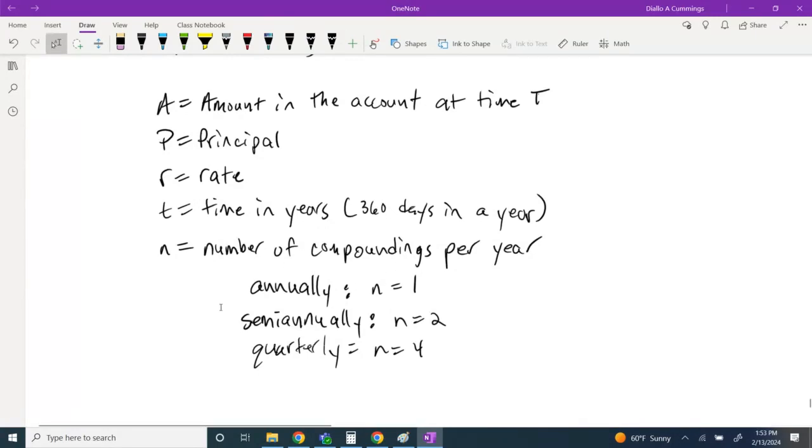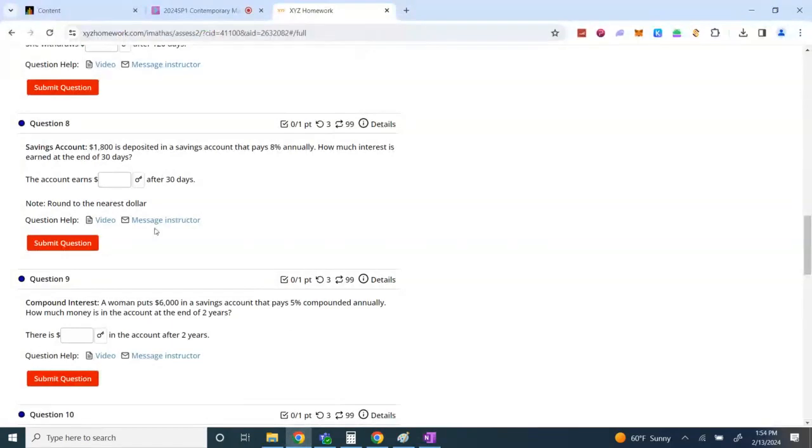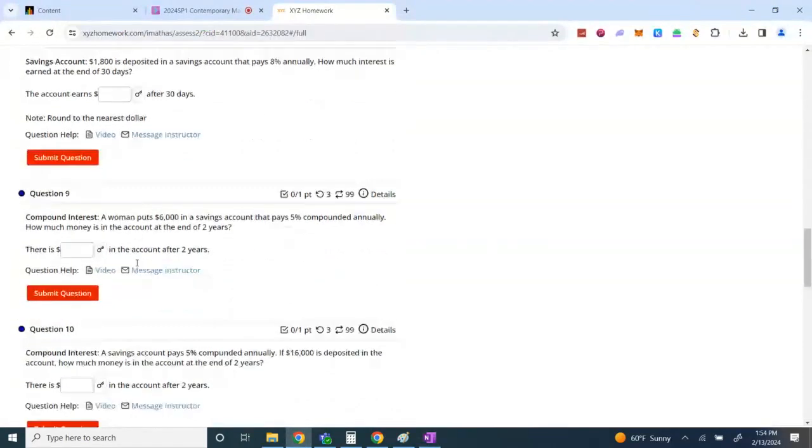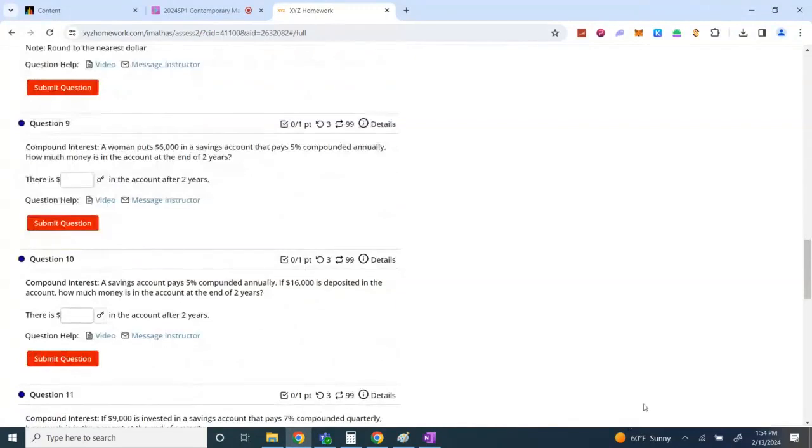All right, so let's take a look at a compound interest example. Let's look at number 9. In these problems, you're going to see the word compounded annually. When you see the word compounded, then you should use that compound interest formula.